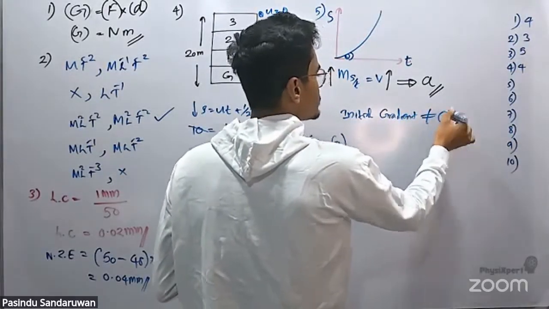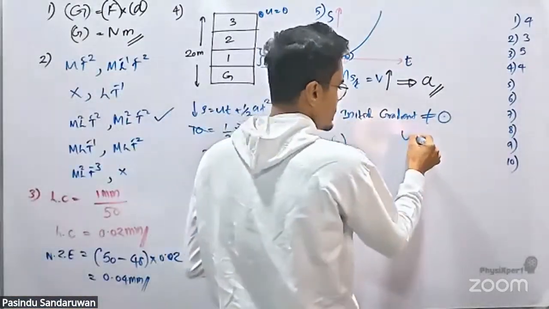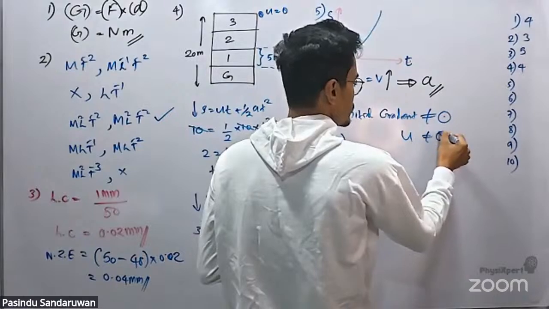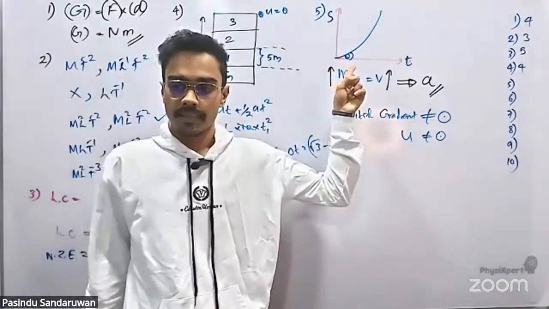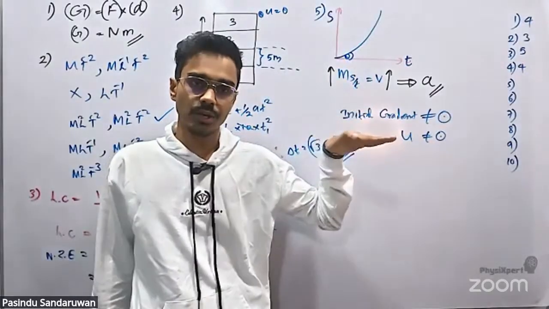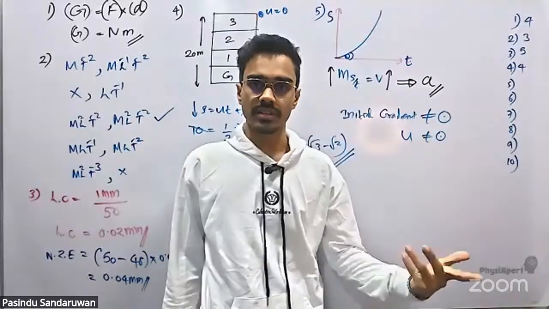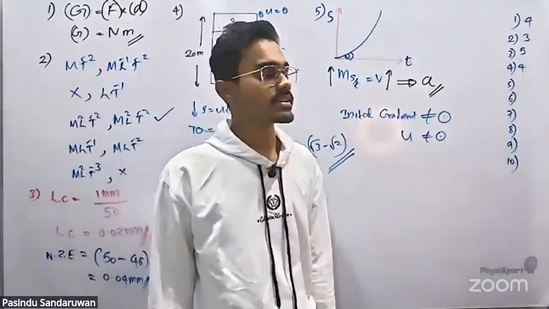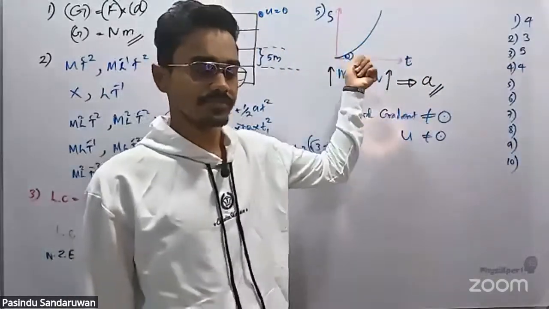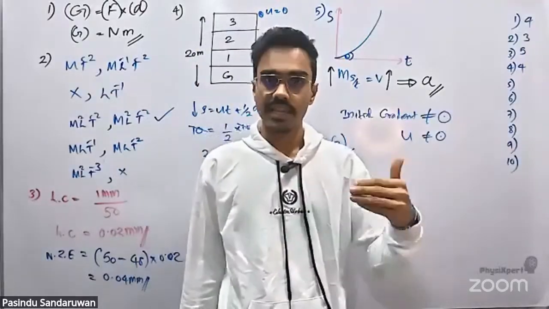Initial gradient is non-zero, which means initial velocity is non-zero. If the initial gradient is 0, it should be touching the x-axis, because horizontal lines are the zero gradients. So this is not a zero gradient, which means it has an initial velocity.